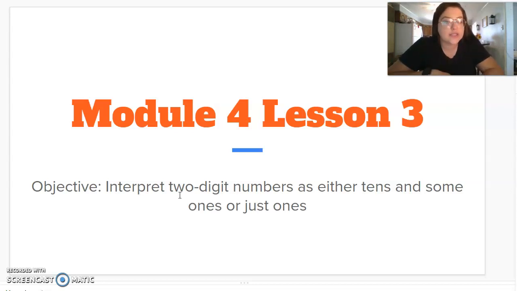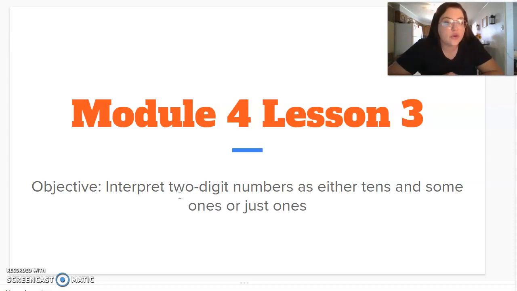So it's a two-digit number, 29, or 32. You could say 40 is 4 tens. It says interpret two-digit numbers as either tens and some ones. So let's say 42. 42 would be 4 tens and 2 ones, right?